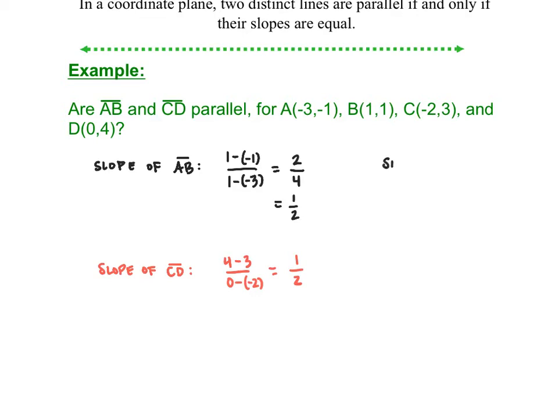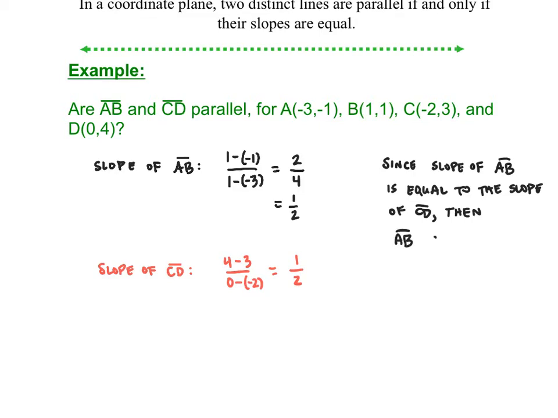We can say since the slope of AB is equal to the slope of CD, then segment AB is parallel to segment CD.